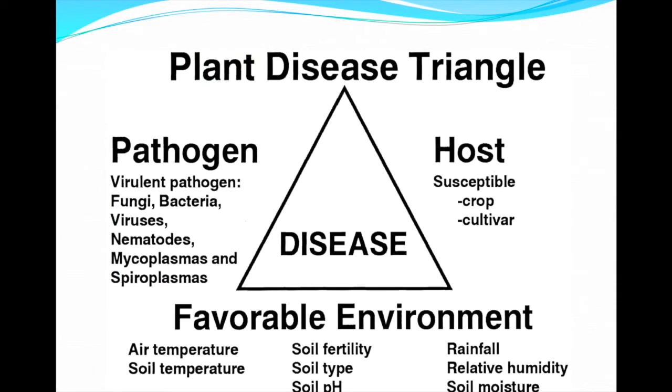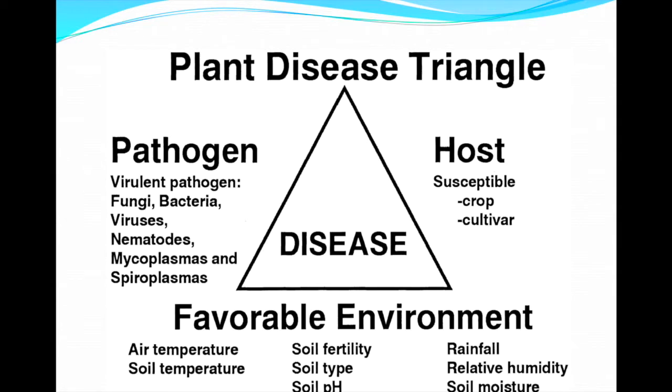So, very important concept here, kind of the crux of plant pathology, is what we call the plant disease triangle. So you see the three different points here: the host, the pathogen, and a favorable environment. For disease or a malfunction in an organism to occur, all three of these factors have to be in place at the same time. Same place, same time for disease to occur.